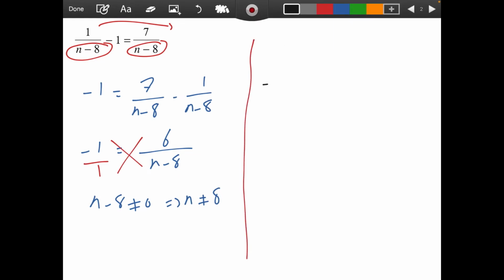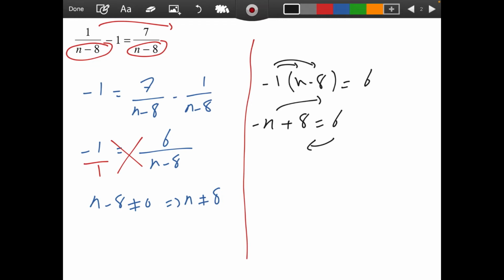We find that -1 multiplied by n minus 8 is equal to 1 times 6, which is 6. So I'm going to multiply -1 times n, -n, plus 8 is equal to 6. Transpose n to the other side and 6 to the left side. 8 minus 6 is equal to n. So 2 is equal to n.